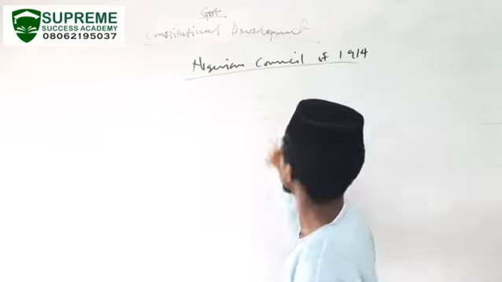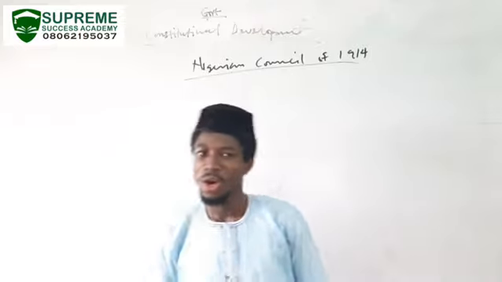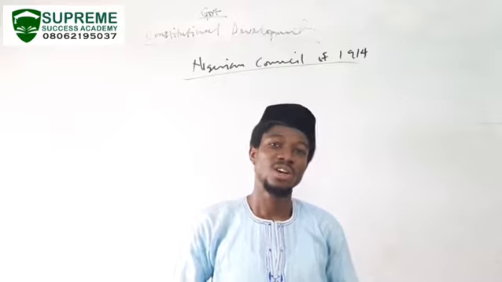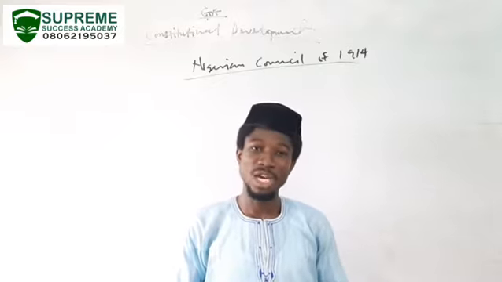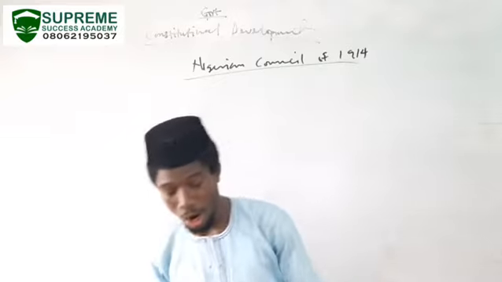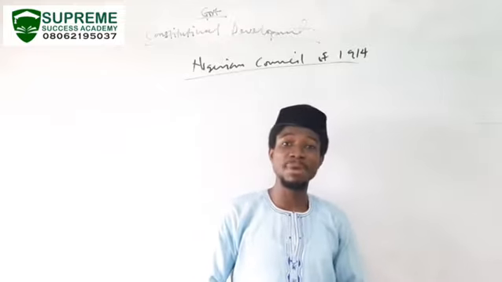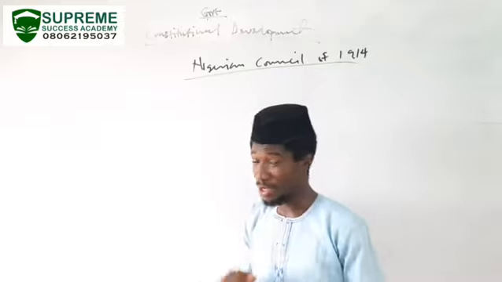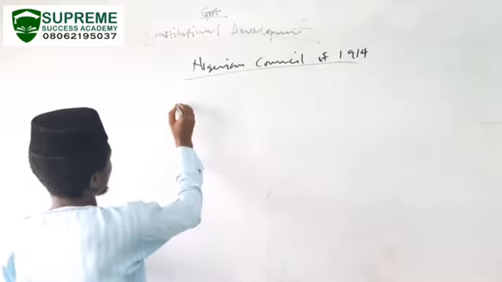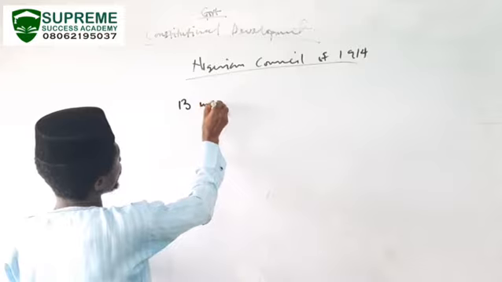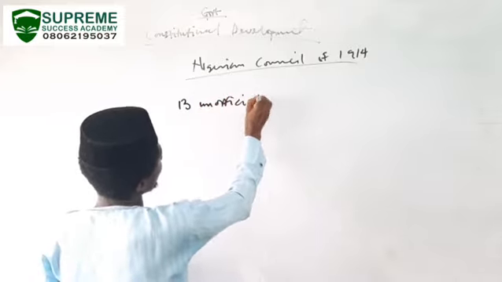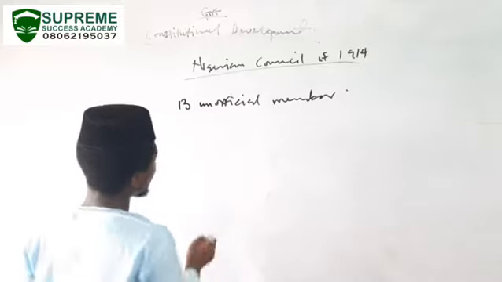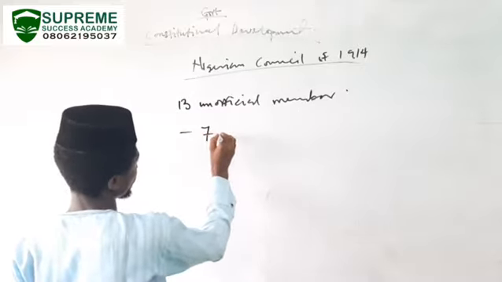So under the Lugard Council or Nigerian Council of 1914, we have official members, we have unofficial members, as you know, under constitutional development. The official members are all white, while the unofficial members are 13 in number. Out of the 13 unofficial members, we have 7 Europeans.